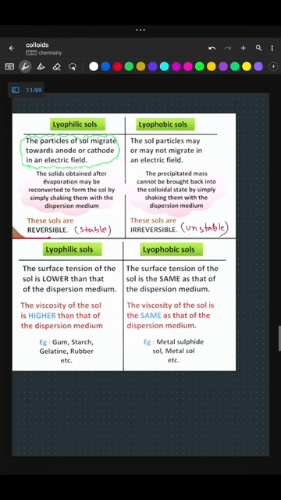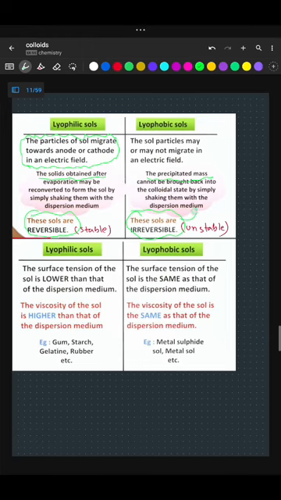The solids obtained after evaporation of lyophilic sols may be reconverted to the sol by simply shaking them. We have studied that before, but you cannot bring the lyophobic type back by simply shaking. You have to use some artificial methods. Lyophilic sols are reversible, which means they are stable, and lyophobic sols are irreversible.